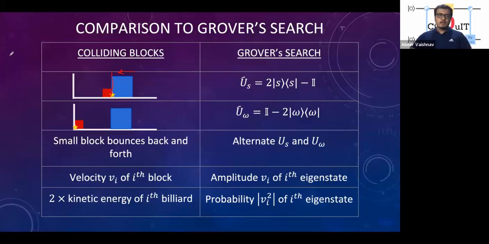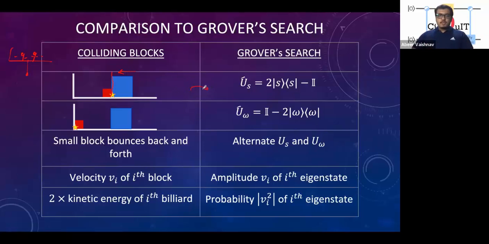So we had the concept of average amplitudes there. The average amplitude actually decreases when the marked state is flipped, and the decrease of the average amplitude is shown by the heavier block, moving in the same direction even after multiple collisions with this red block, until finally the direction reverses.